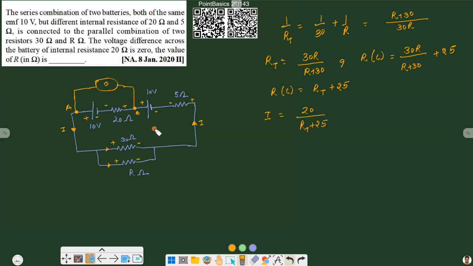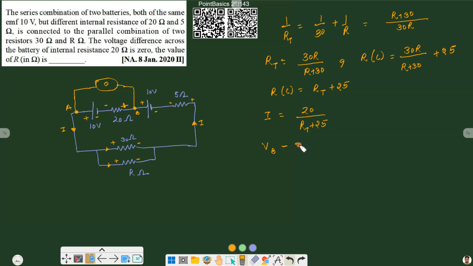So for that, we will start with point B. Suppose there is some potential at point B, and we name it VB. Now we will move towards this resistance of 20 ohm. So plus minus. If you are going from positive to negative, we take it negative, and if we are going from negative to positive, we take it positive. Or we can say in the direction in which we are moving, we take the second sign, not the first sign. So the first sign here is positive and the second sign is negative. So for this resistance, we will take negative.